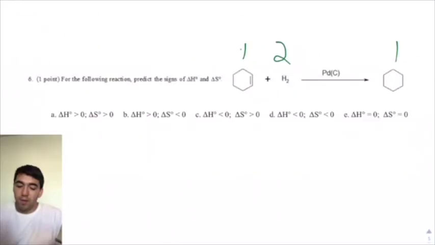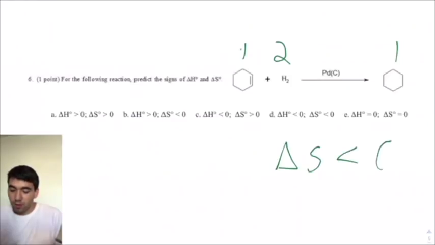So this is becoming more ordered, which means disorder is decreasing. So we have a negative sign for delta S, less than 0. That'll mark off C, A, and E.